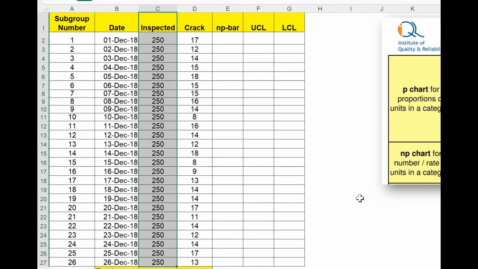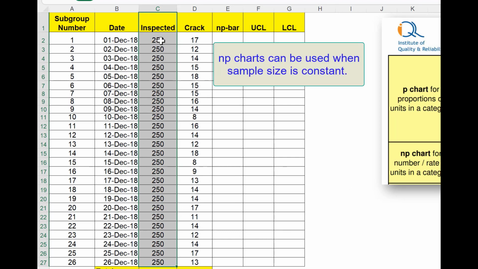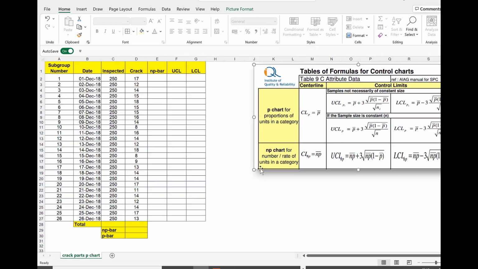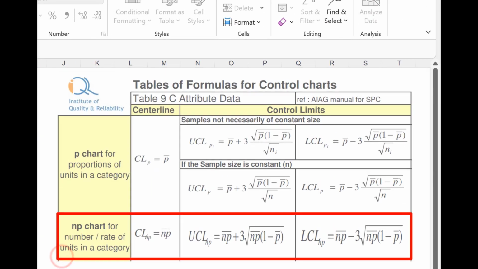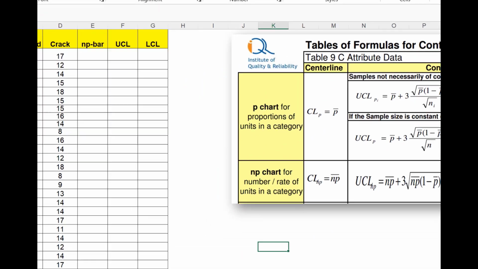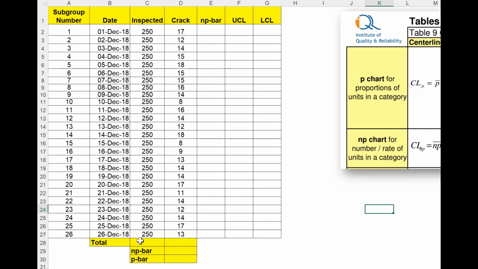Now, since the subgroup size is exactly constant at 250, we can use NP charts. You can see the control limit formula in the table here, which we will look at. But first, we need to calculate the total inspected versus total cracked.